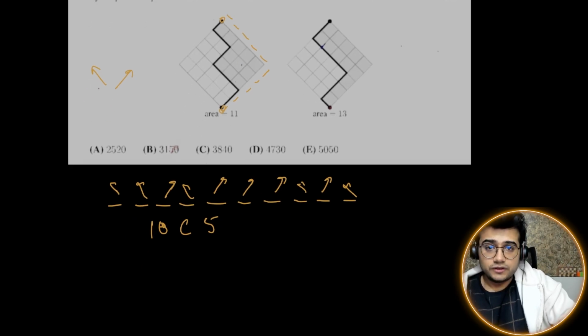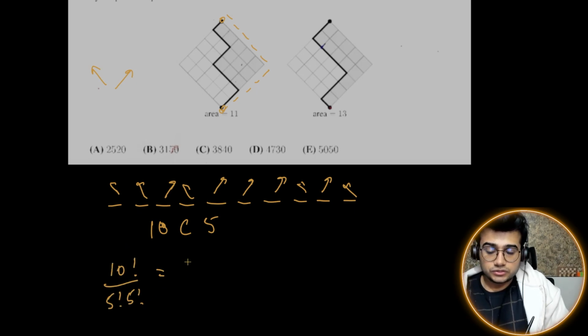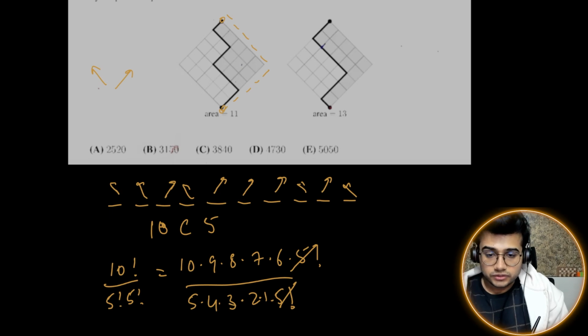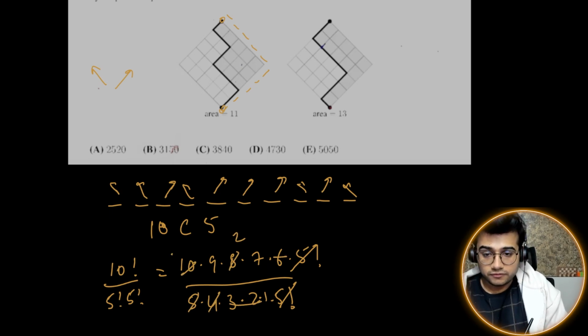What is 10 choose 5? Let's quickly calculate that. 10 choose 5 is 10 factorial over 5 factorial times 5 factorial, which is just 10, 9, 8, 7, 6, and then 5, 4, 3, 2, and 1. And this will cancel out, and then 3 times 2 and 6 will cancel out, 4 times 1, 4 times 2, 5 times 1, and 5 times 2.